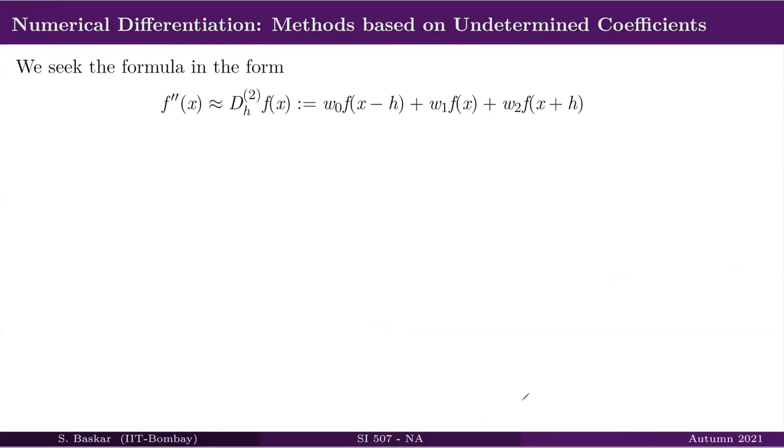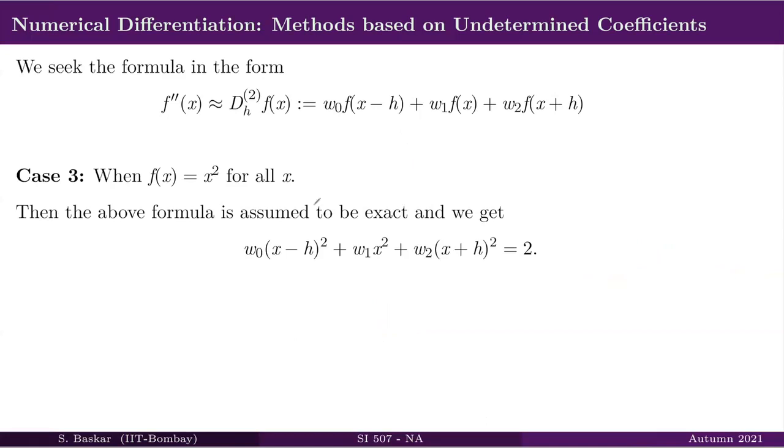Let us impose the third condition on our finite difference formula, that is f(x) = x squared for all x. In this case, the finite difference formula takes the form W0 (x - h)^2 + W1 x^2 + W2 (x + h)^2.